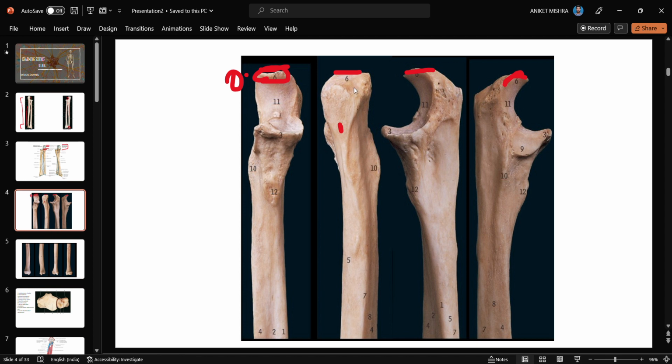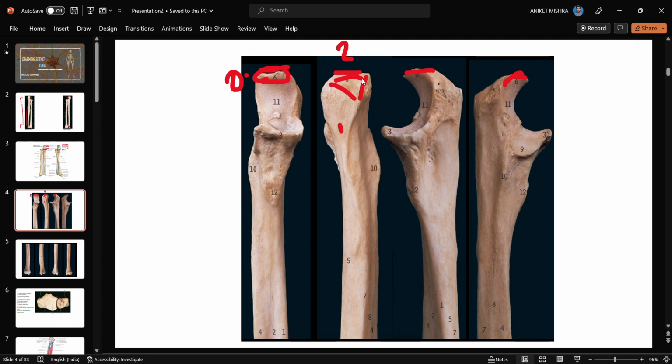In the second figure we are seeing the posterior surface, and there is a triangular structure for the subcutaneous area, which is separated from the skin by a bursa.